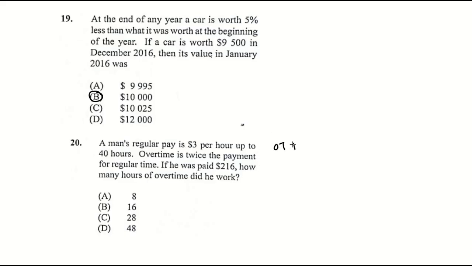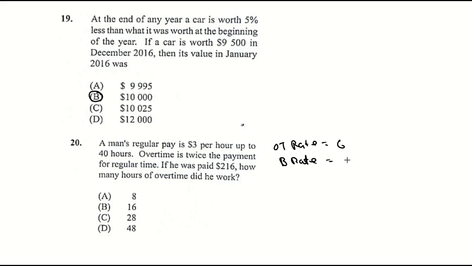So the overtime rate is equal to $6. Overtime is twice the payment. He's paid $216. So first, let's find his basic wage.